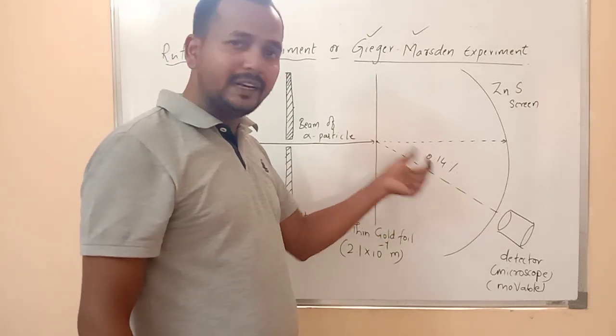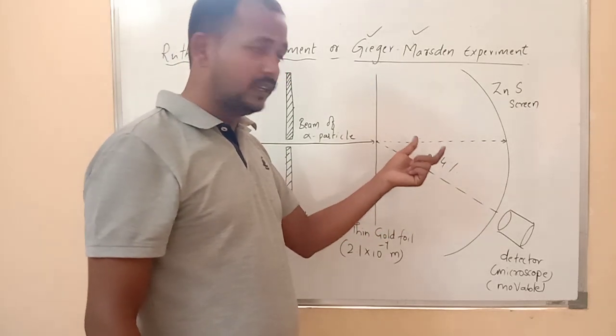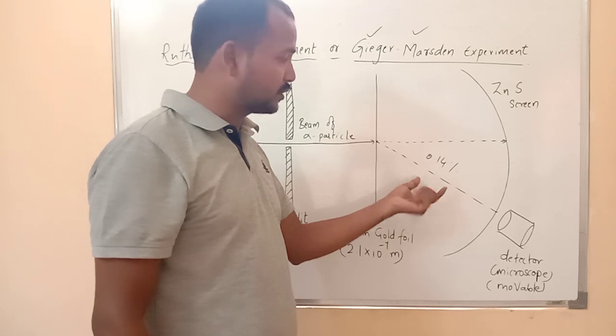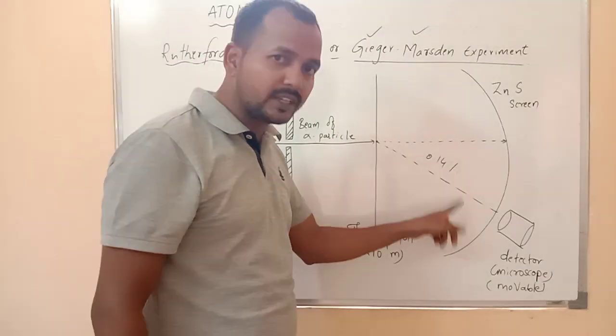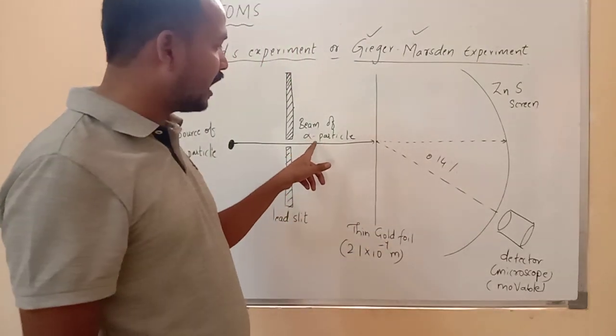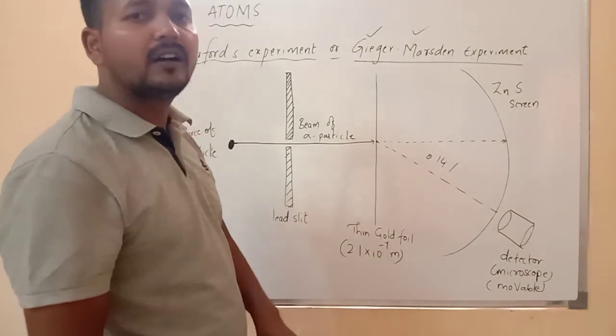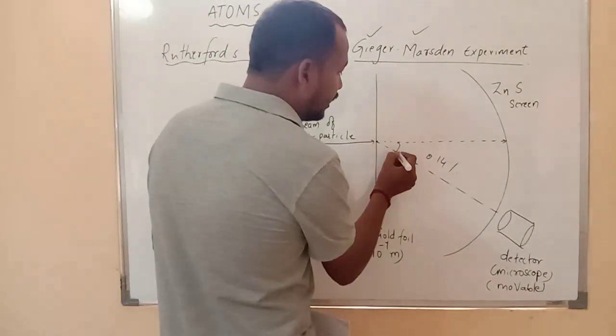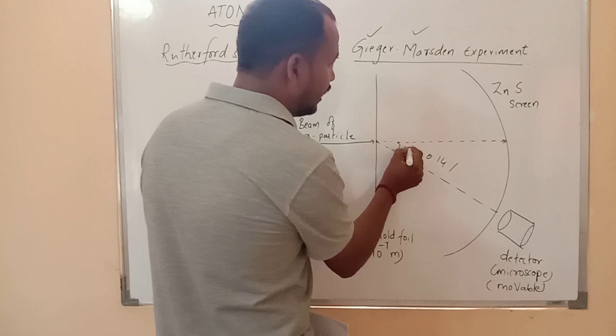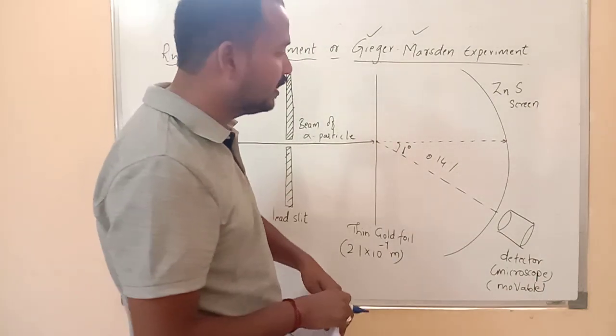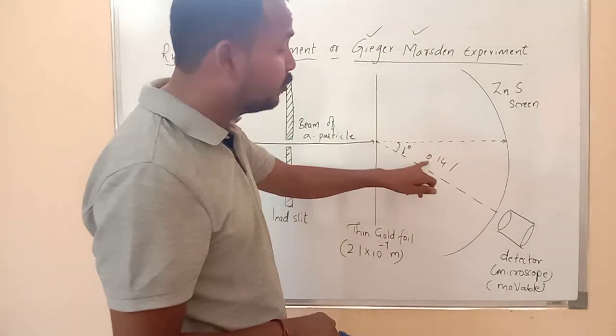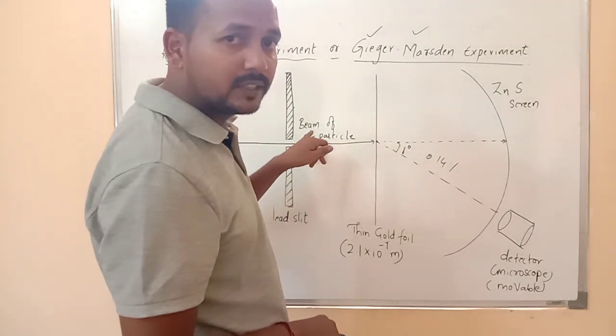But only 0.14% of the incident alpha particles deviate by greater than 1 degree. How much? Only 0.14% of incident particles.